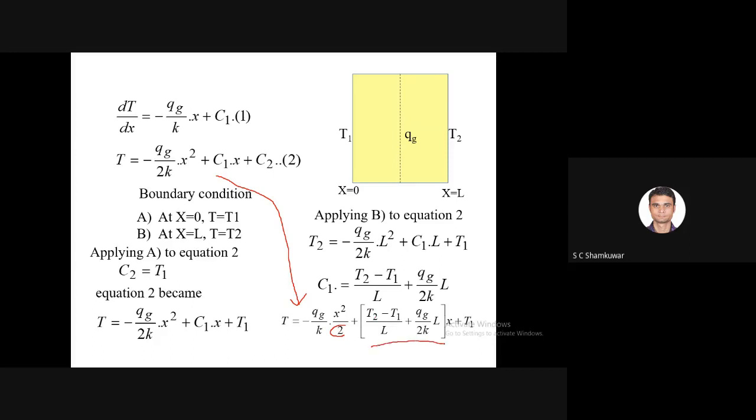Then this is the value of C1, T2 minus T1 divided by L plus Qg by 2k into L, into x, plus C2. C2 is T1. Understood? Any problem till this step? No, sir. Okay. Anyone?